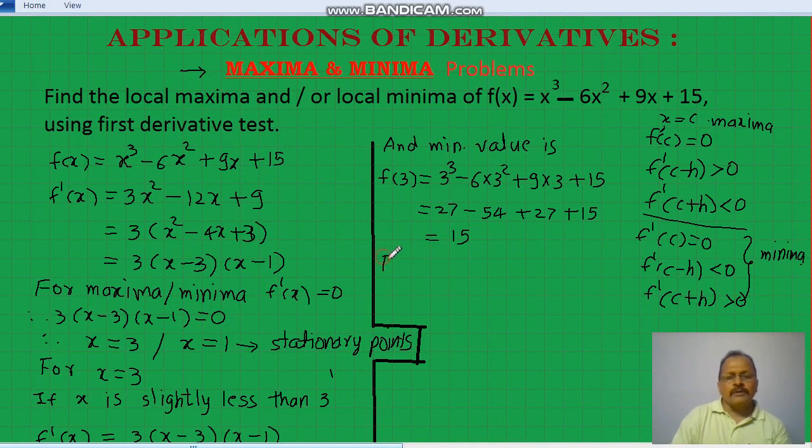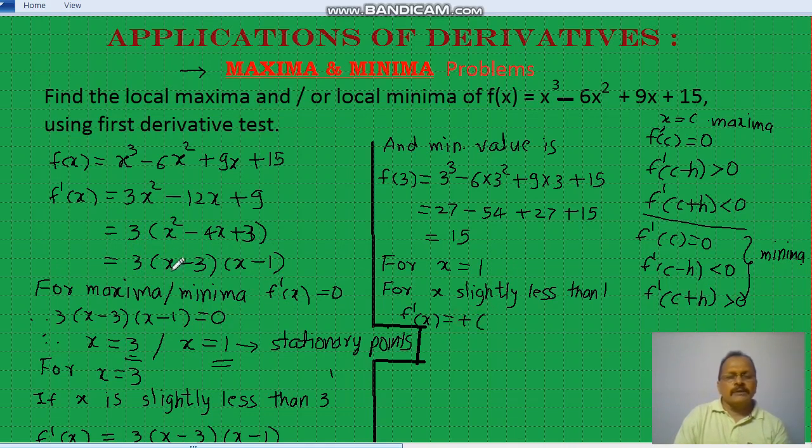Now for x equal to 1, because x equal to 3 and x equal to 1 are stationary values, let us see what happens to f dash x. For x slightly less than 1, we get f dash x as the first number 3, it is positive.